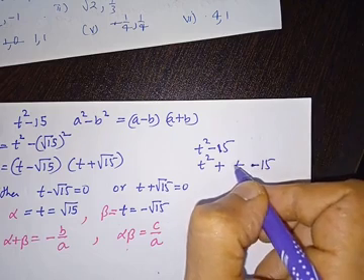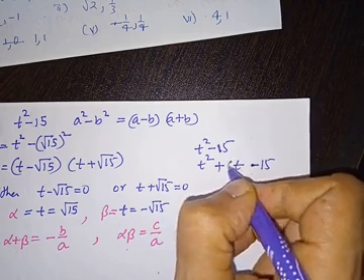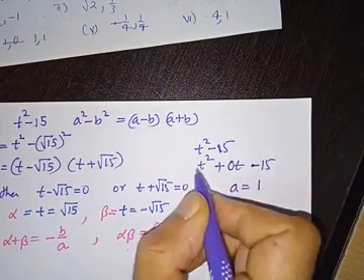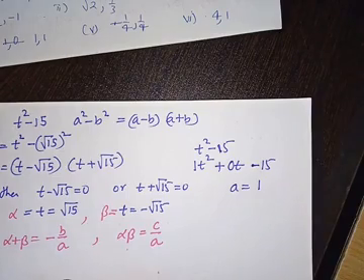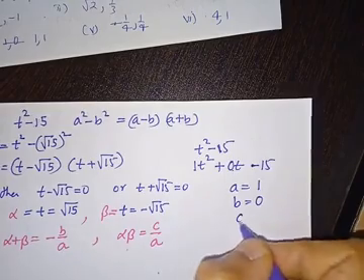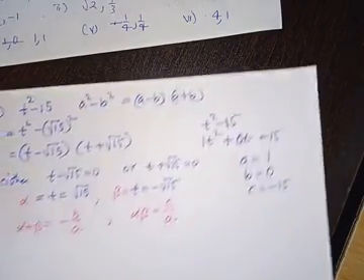But we have substituted the t here, so that we will take the coefficient as 0. So from this our a will be 1 because coefficient of t square is 1. Our b will be 0 and c will be minus 15.